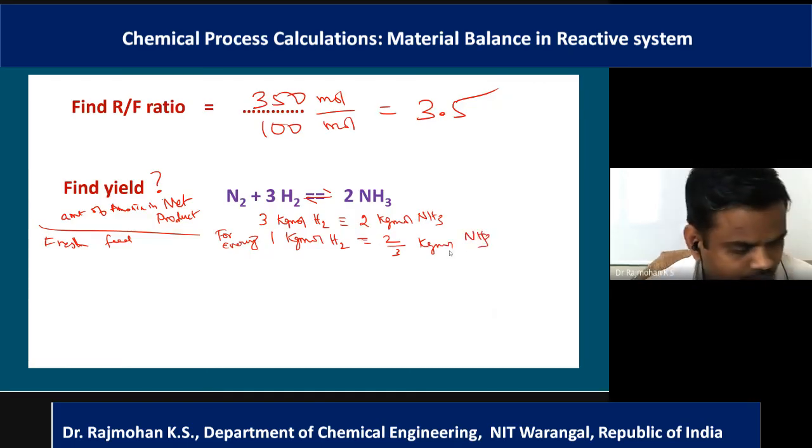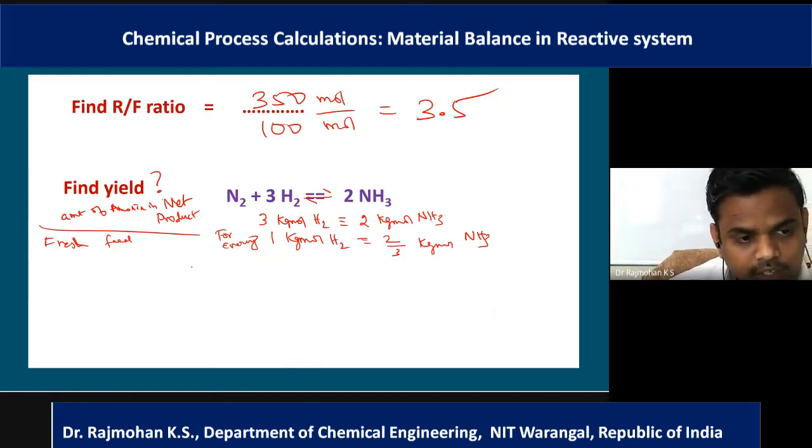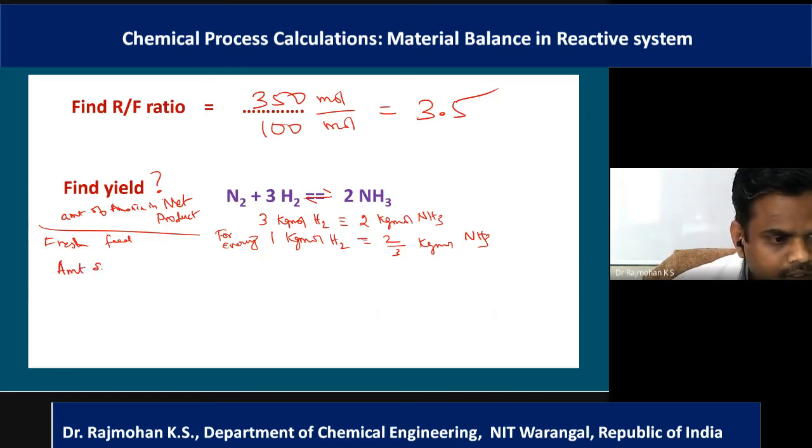So we have the amount of hydrogen reacted here. The amount of hydrogen reacted is 20% of the hydrogen that is entering. We should know this amount of hydrogen actually reacted, so that we will know the actual amount of ammonia formed, right?